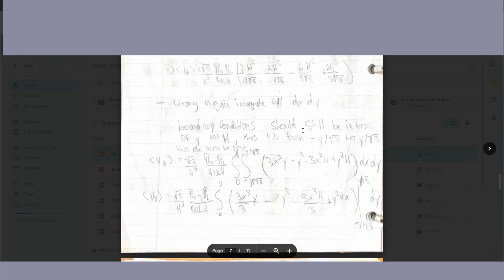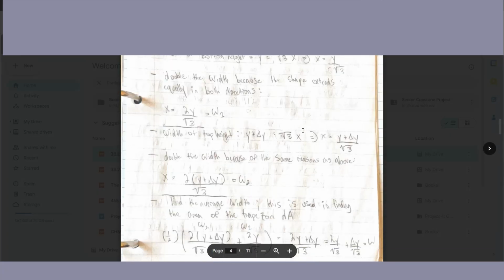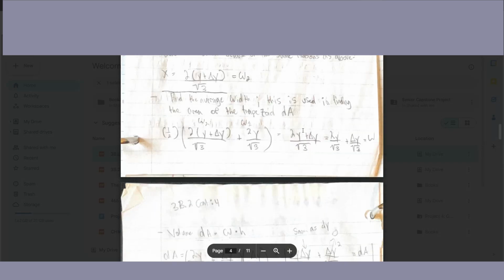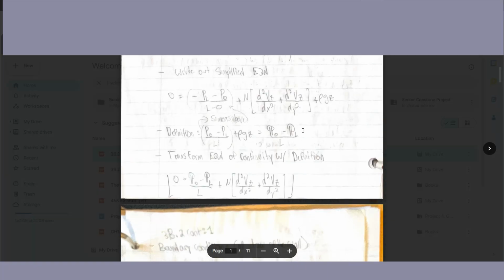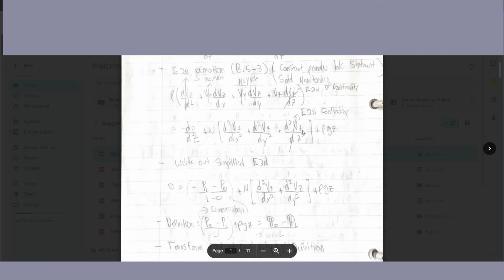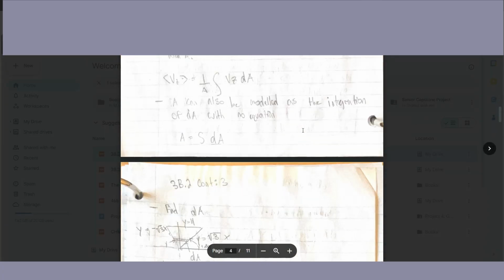So that's just from, where did I put the shape at? It's right there.